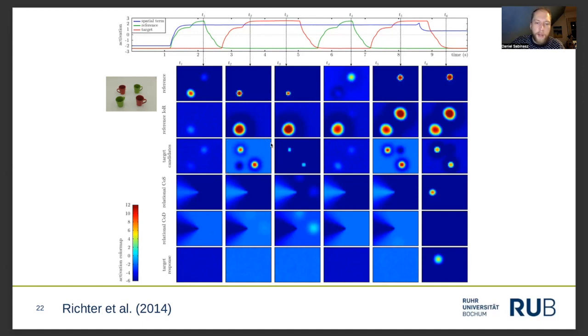And in effect it causes the location of the red objects to be stored in the target candidates field. And we also see that meanwhile, the spatial term node has also been active and has caused the relational condition of satisfaction field to be pre-shaped with the spatial relation pattern, and the relational condition of dissatisfaction field to be pre-shaped by the inverse spatial relation pattern.